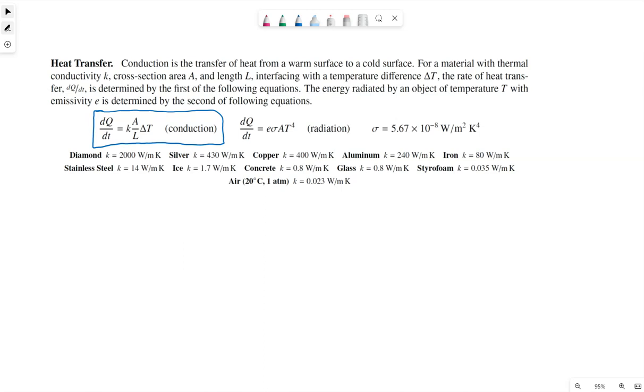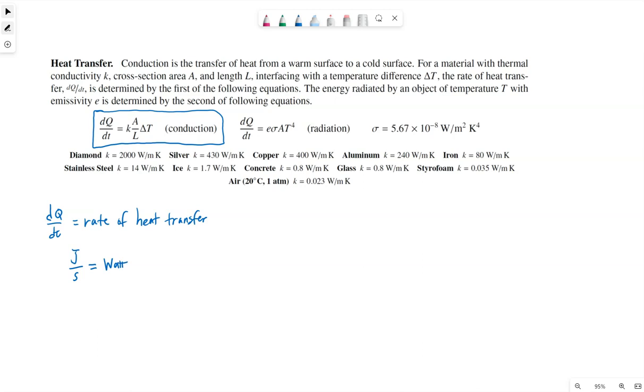Now, dQ/dt is the rate at which the heat is transferred. So the rate of heat transfer, how fast. So Q, remember, is in units of joules because we're talking energy, time, seconds. So our units here are joules per second, which is power.